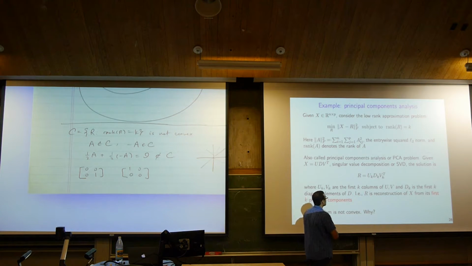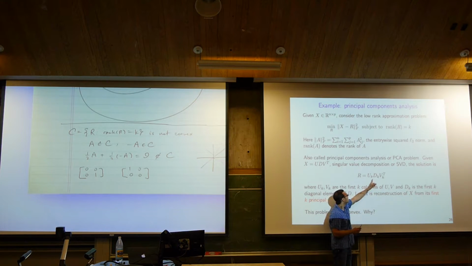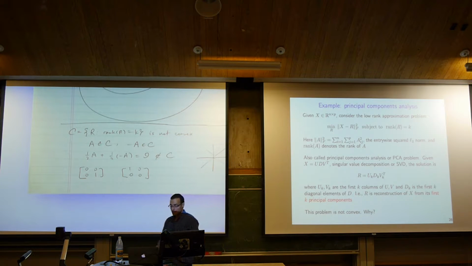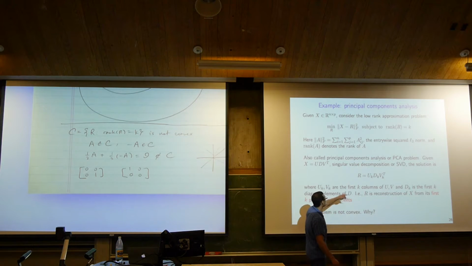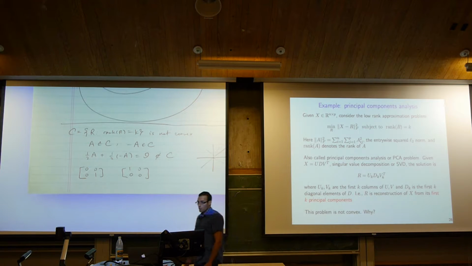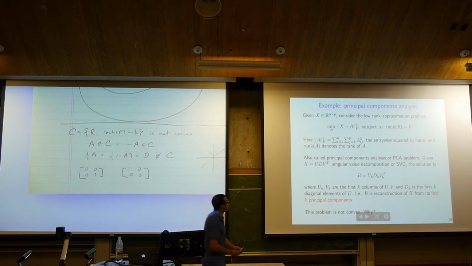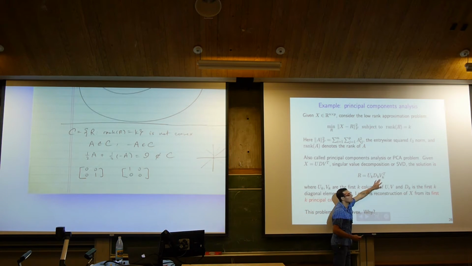Or you can think of it as taking the top k by k block of D, and the first k columns of U and the first k columns of V. So truncate the SVD, and that thing's going to have rank k by construction. And it's actually going to be the closest matrix in the Frobenius norm to X that you can find. So that is the solution, even though it's a non-convex problem. It just so happens that we know the solution. It comes from reconstructing X from its top k singular vectors in U and V.